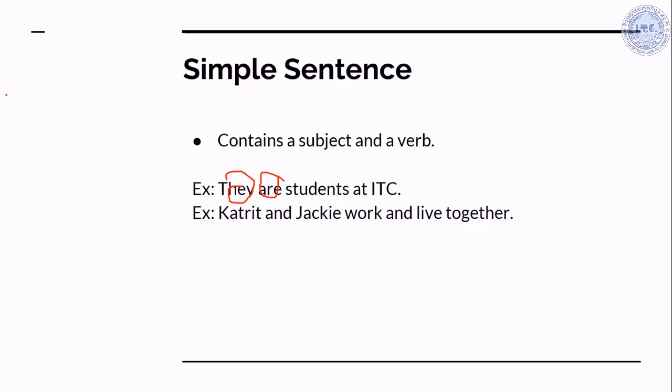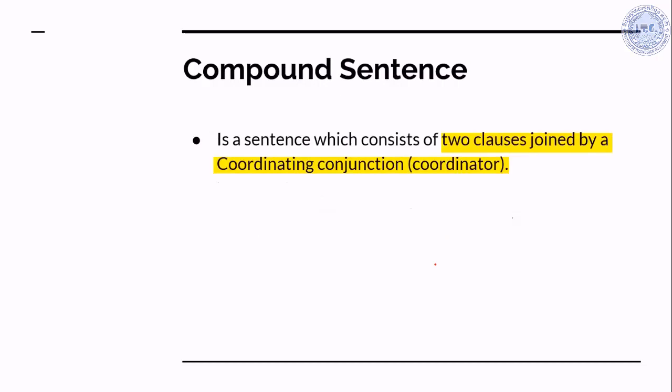The second example, the subject is Gertrude and Jackie, and the verb is work and live. Even though there are 2 verbs, it is still a simple sentence, again because there is no coordinator or subordinator.